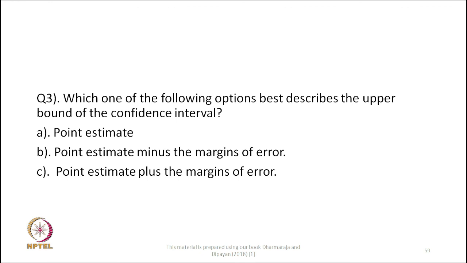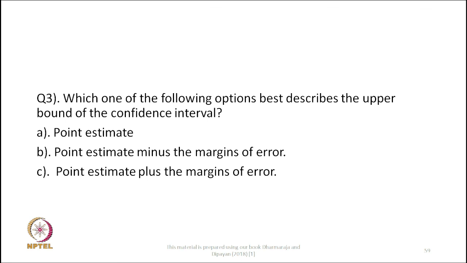Now, we will move on to the third question. Which one of the following options best describes the upper bound of the confidence interval? There are 3 options, out of which only one is correct.